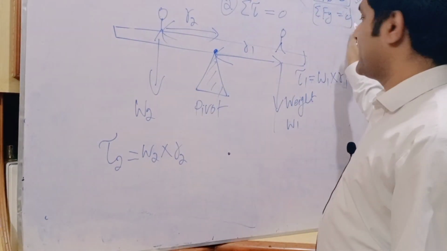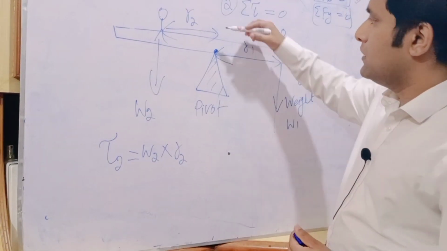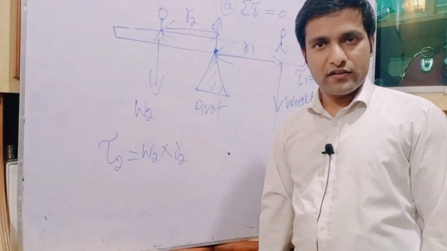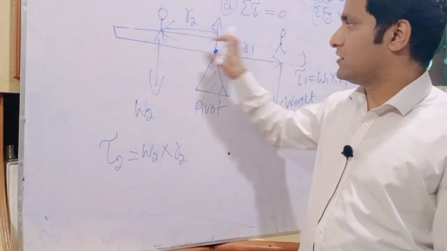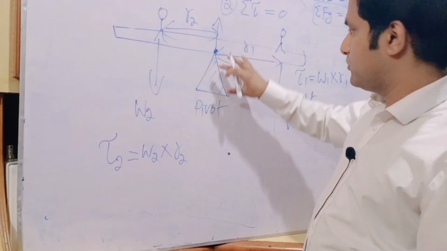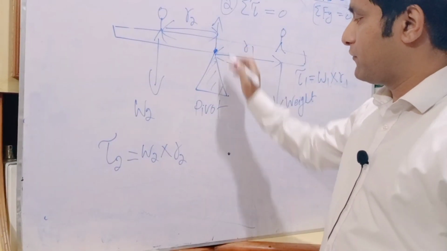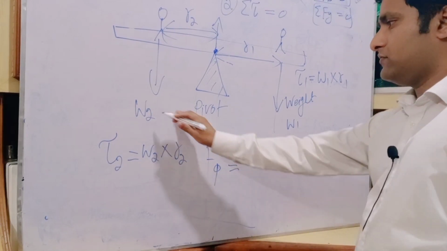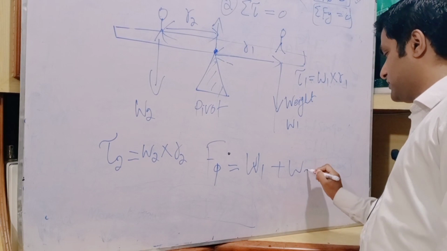But sum of Fy equal to 0 we can use here, because one force is upward. The pivot is supporting this plank, so it applies an upward force to balance these two downward forces. So the pivot force Fp is equal to W1 plus W2.